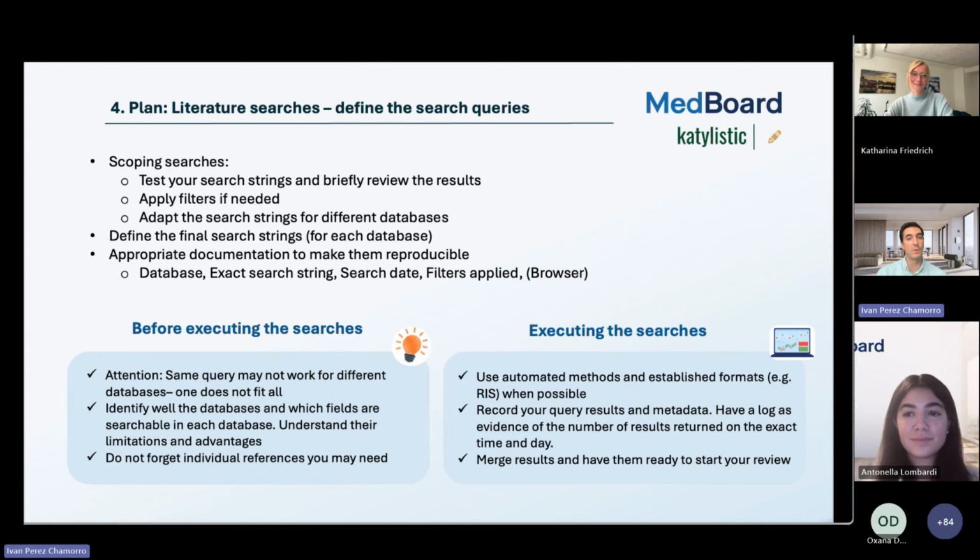So documenting all this information is very important, so you have the evidence that at that moment, those were the results. And obviously, if you use a lot of different databases with different searchable fields, then it's a task to merge the results. So before starting to review the results, there is a task that, if you use a platform like MedBoard and so on, is automated, but otherwise you will need to merge all the results and match all the fields together.